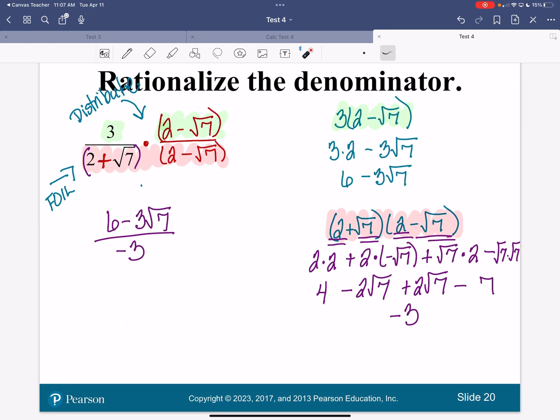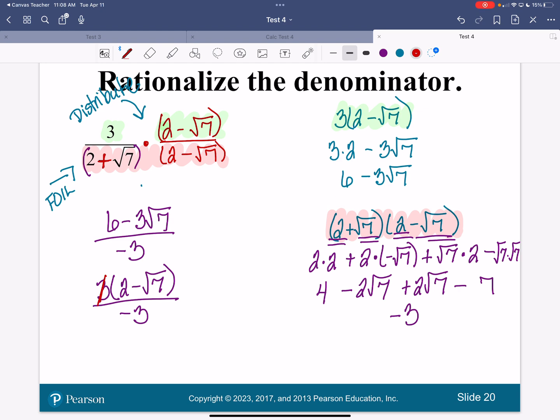Here, what can I factor out of both of these? A 3. I can factor a 3 out of both of those. So I'm going to have 3 times what? Yeah, 2 minus the square root of 7. And if you had written a 1 right here, you would have been fine. Okay? Now, I can factor this.